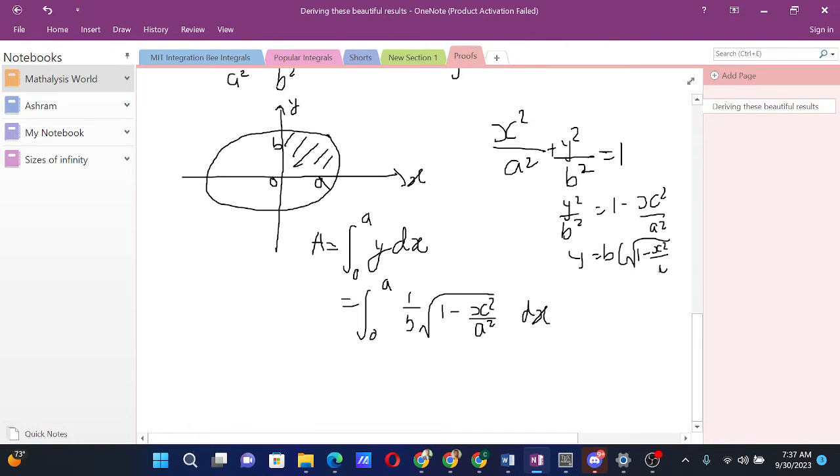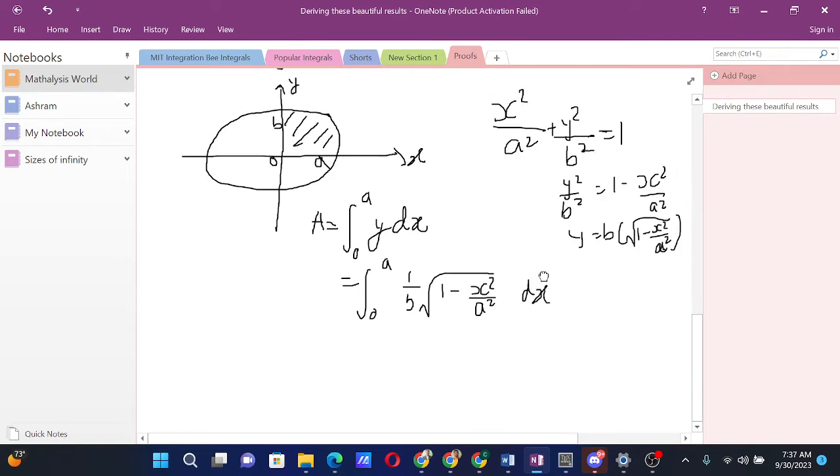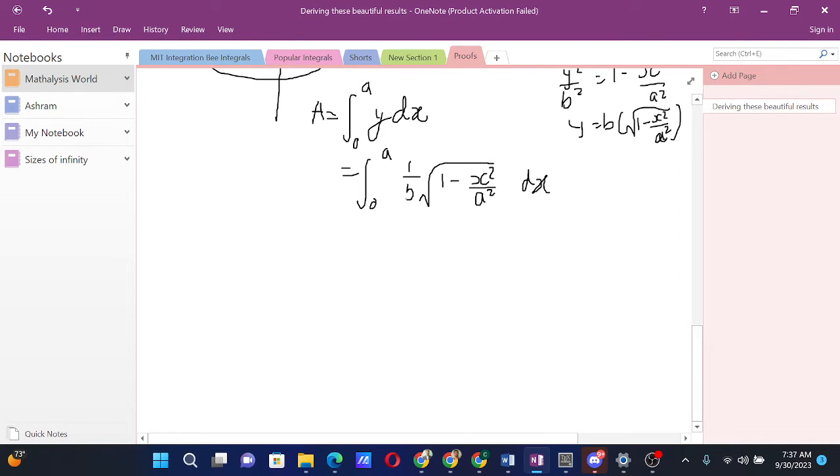Now for this one, we can use standard integration ideas. We can first take the LCM, a by b. So this will be a square minus x square, and we will have 1 by ab, integral from 0 to a, root under a square minus x square.